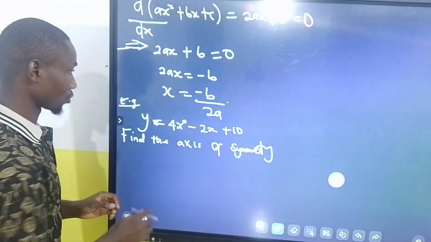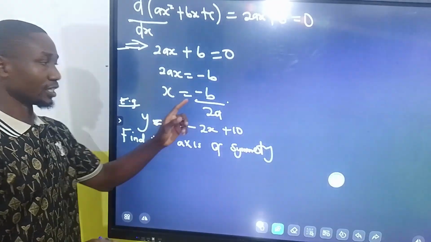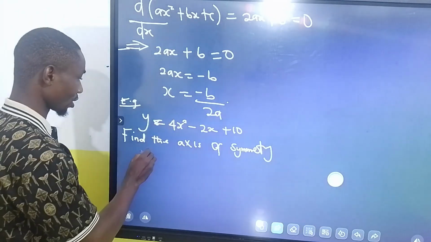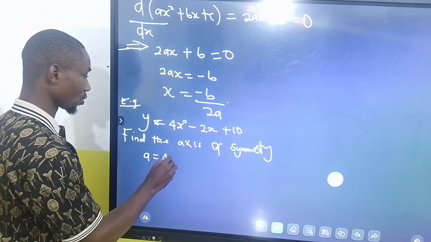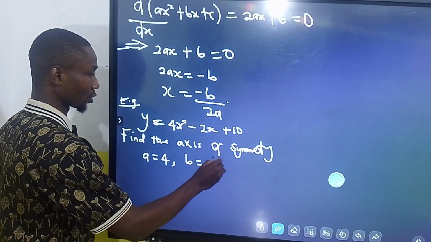What I simply have to do is apply my formula. You should note that b is the coefficient of x and a is the coefficient of x squared. So my a is equal to 4, and b is equal to minus 2.